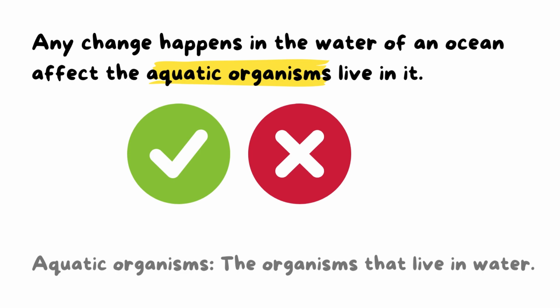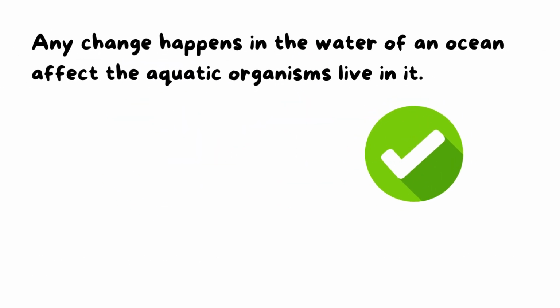So, any change that happens in the water of an ocean affects the aquatic organisms that live in it. Is it right or wrong? Yes, it's right, as any change in the aquatic ecosystem affects the organisms that live in this ecosystem.